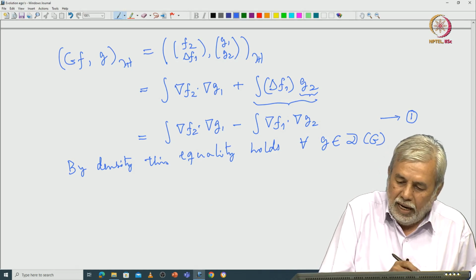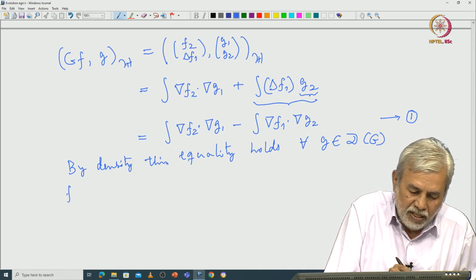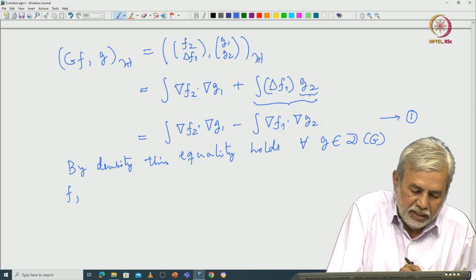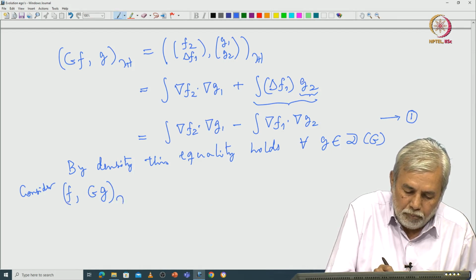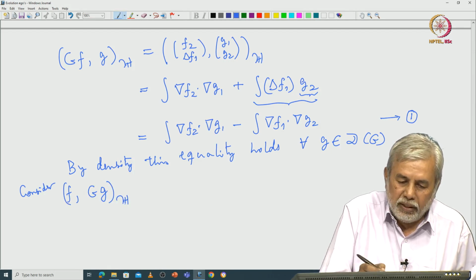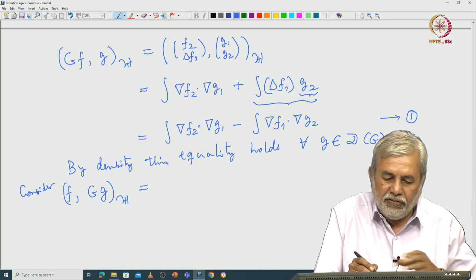Okay. And similarly, now you consider this f in D(G), consider (f, Gg). Again, to begin with, you assume f1, f2 are in C_c infinity.